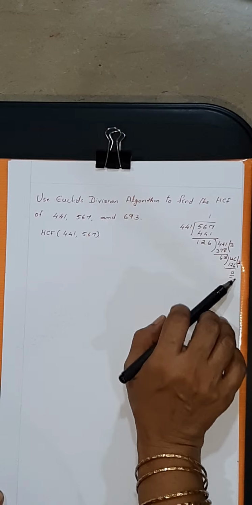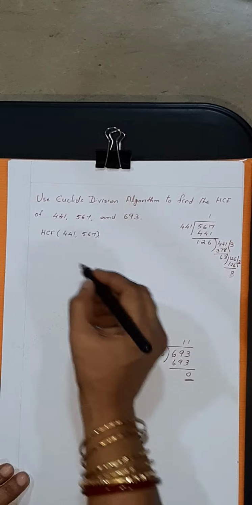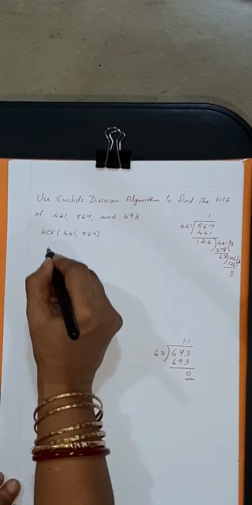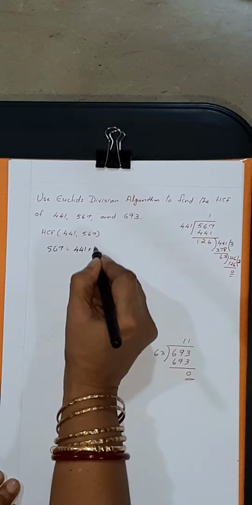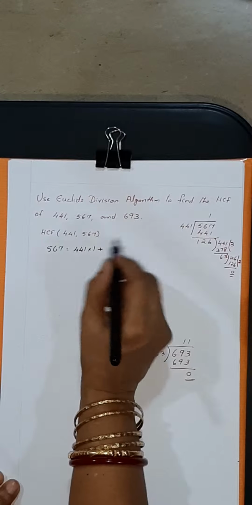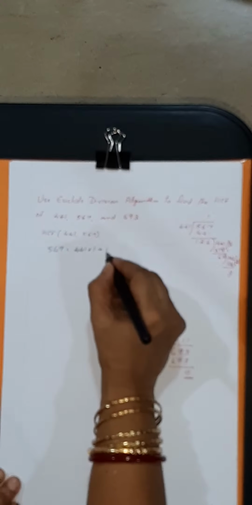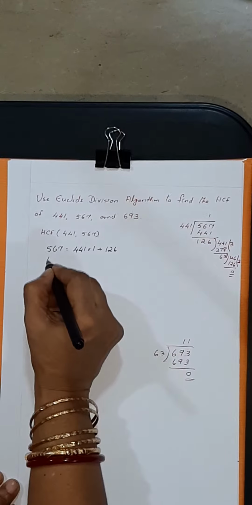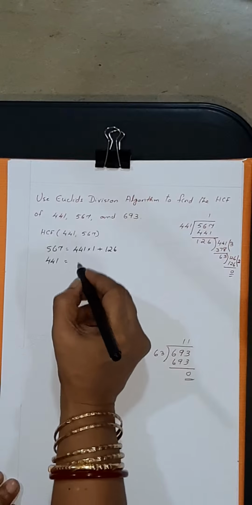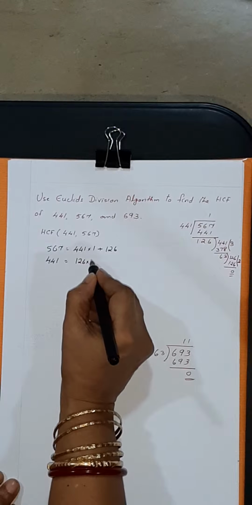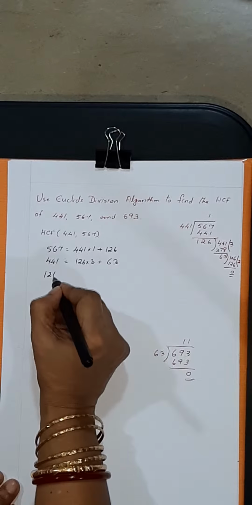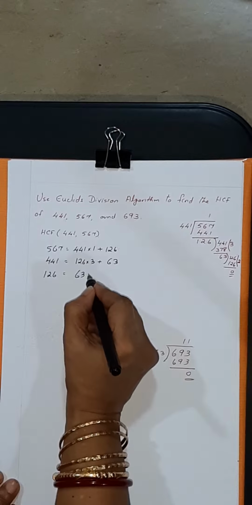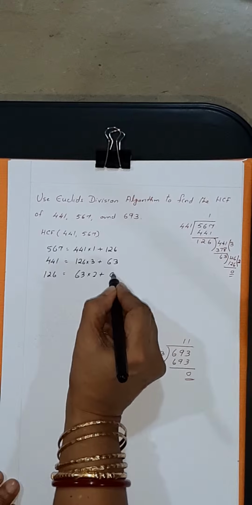I have already done it, so here I will write it down. 567 is equal to 441 into 1 plus 126. 441 is equal to 126 into 3 plus 63, and 126 is equal to 63 into 2 plus 0.